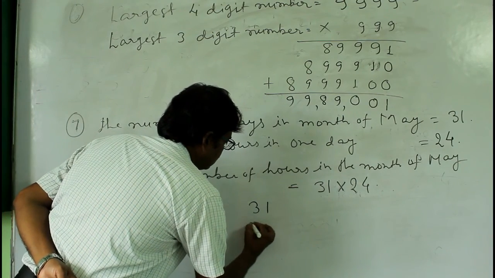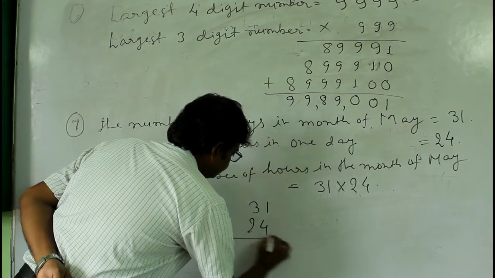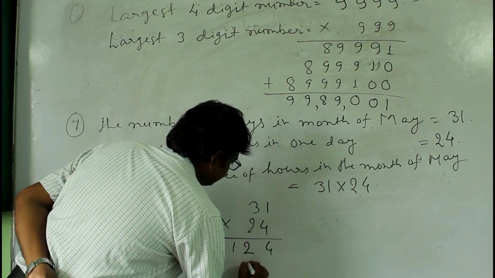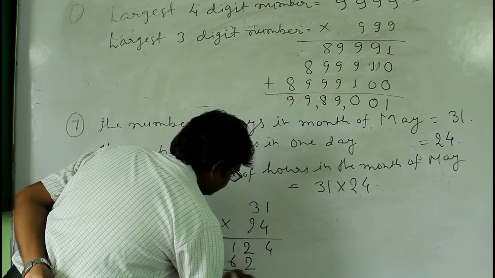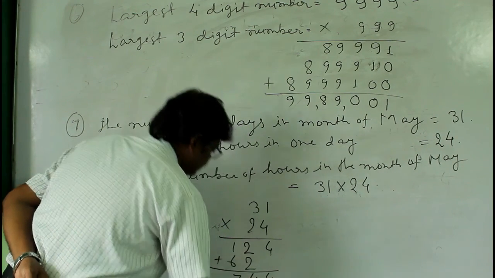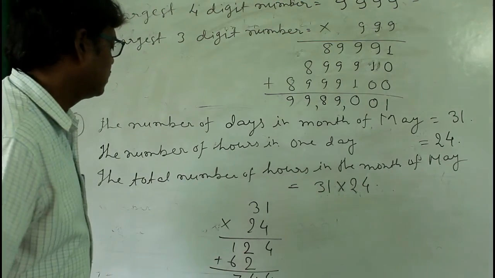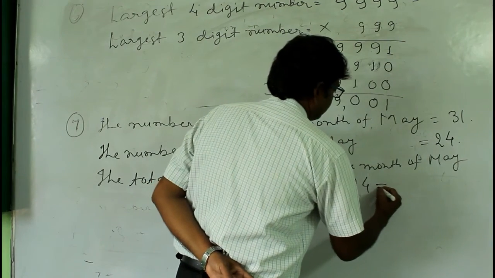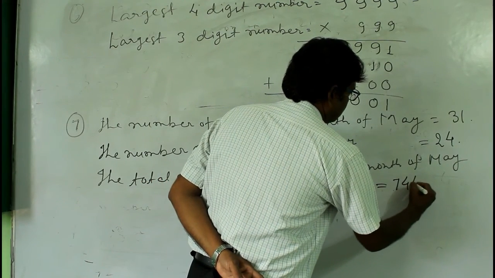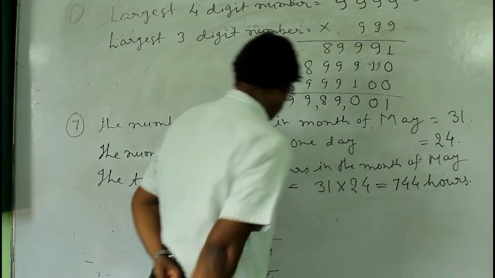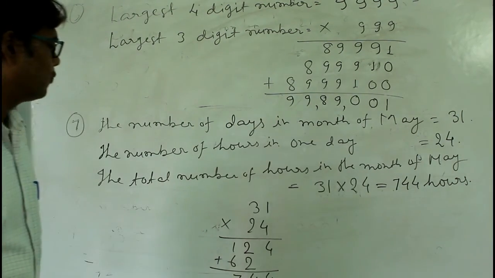So 31 into 24. So the answer is 744 hours. So here you write 744 hours. Okay, so this is the answer of this question.